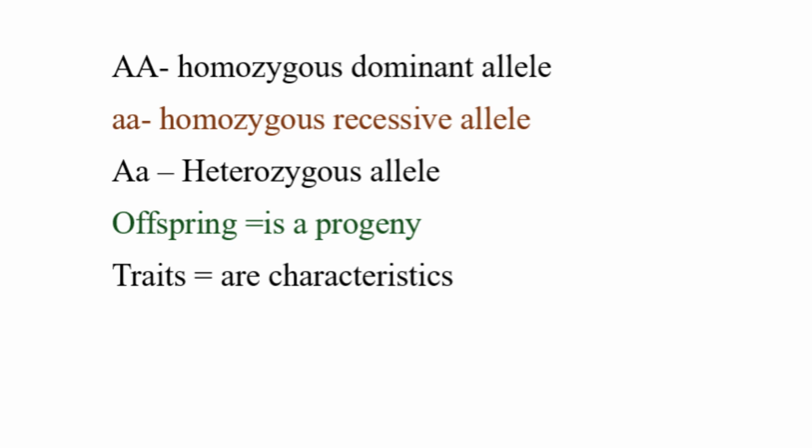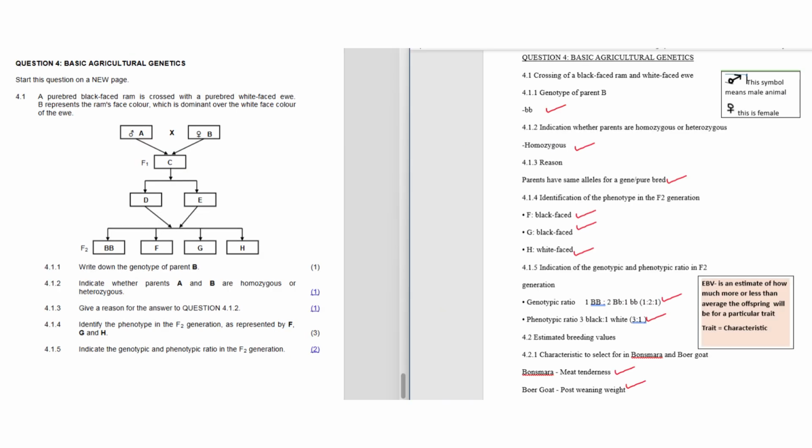And the ewe has two small letters because it is a homozygous allele. In this condition, we can say that the white ewe is homozygous recessive. So the parent B here we can say is bb, small letter b, small letter b. That's the genotype of parent B.